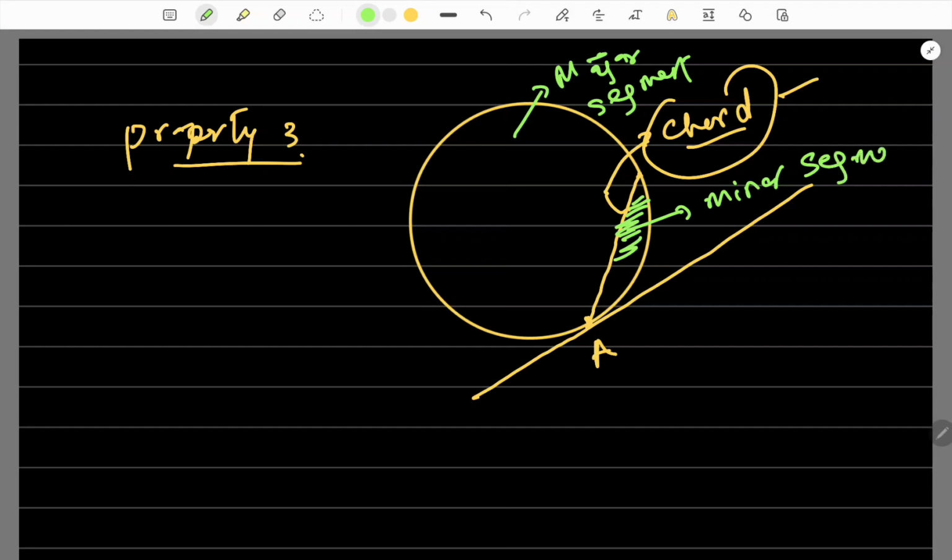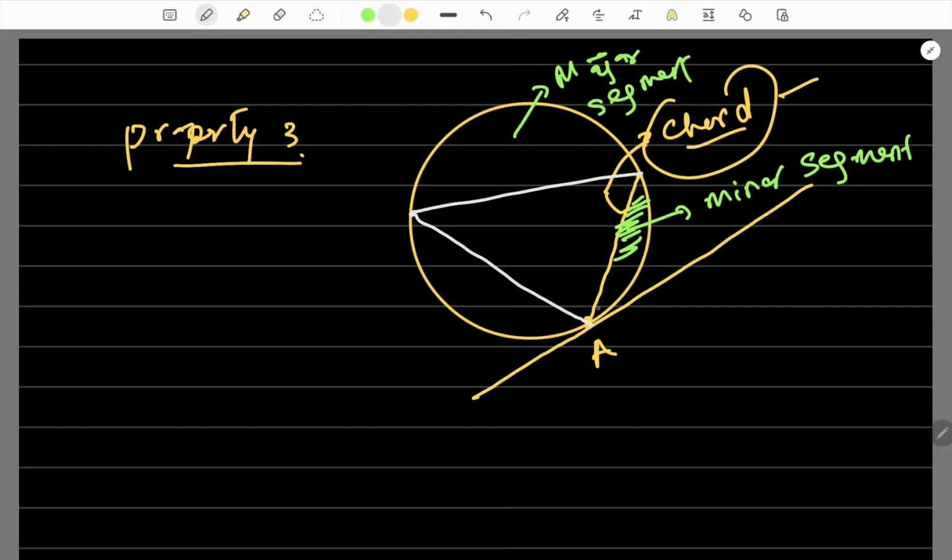We know that a chord divides the circle into two segments, the major segment and the minor segment. So what is this property, beta? From the endpoints of the chord, if there is an angle which emerges on the other side of the circle, in the alternate segment, in the other segment, right, beta?